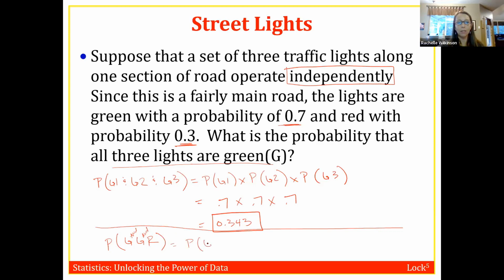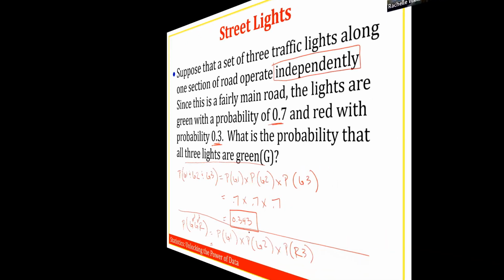The probability of green on the first light times the probability of green on the second light times the probability of red on the third light. Again, they're all independent, so you don't have to worry about what happened the time before. You just take the probability of green lights times the probability of red light, and you'll get your answer. Go ahead and work on that, see what you get.